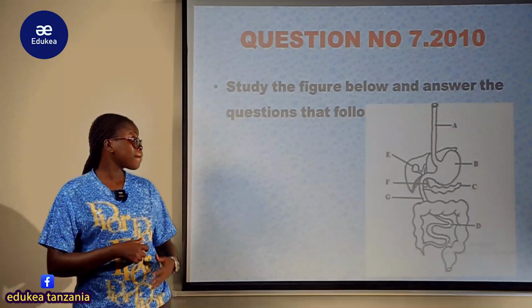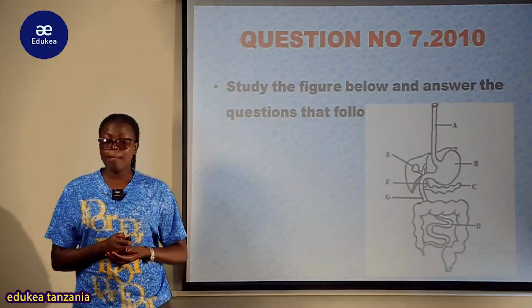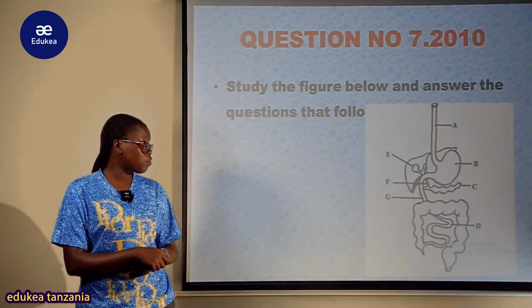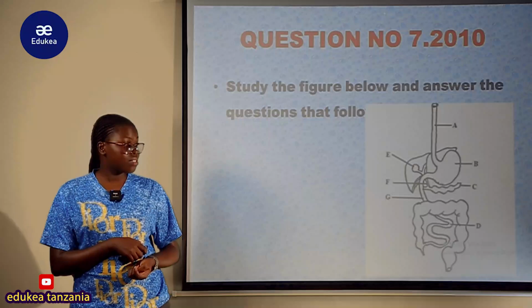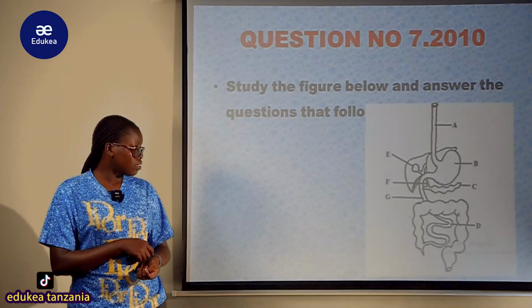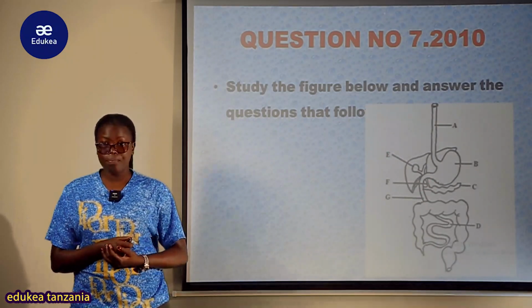So now, tukianza na Roman A, this is esophagus, ambayo inakuwa inachukua chakula kutoka kwenye mouth kwenda katika stomach, ambayo stomach ndio Roman B. Alafu Roman C hapa ni pancreas, D hapa ni small intestine, E hapa ni gallbladder, F hapa ni pancreatic duct, alafu G hapa ni duodenum.